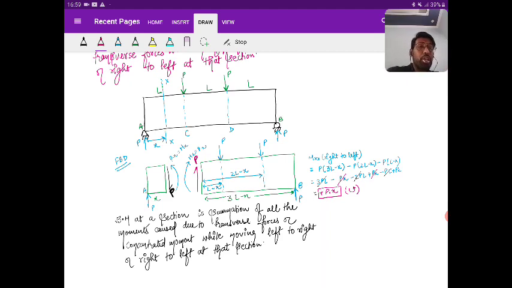Yes or no? So in the right portion, you observe the moment of P into H. Is it clear? Now, if the P into H resistance needs to develop at the section for the right part, then the bending moment coming right to left, or the moment due to the forces coming right to left, must be anti-clockwise with the value of P into H.